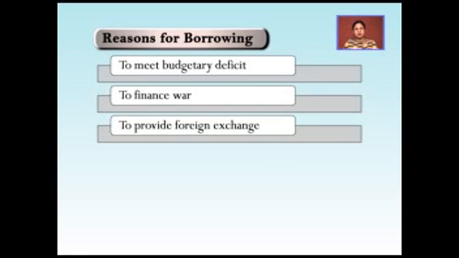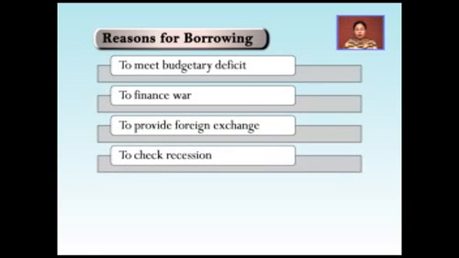The next reason is that not only the developing countries of the world, but the developed countries also borrow from the public, from within the country as well as from outside the country. The developed countries borrow to control recession, which occurs due to a fall in private consumption and investment expenditure.